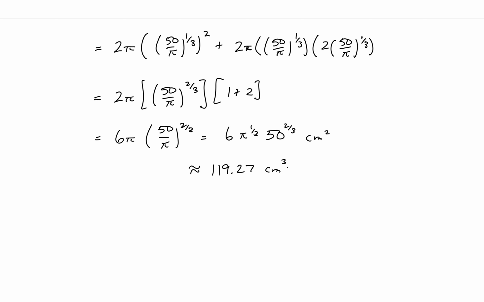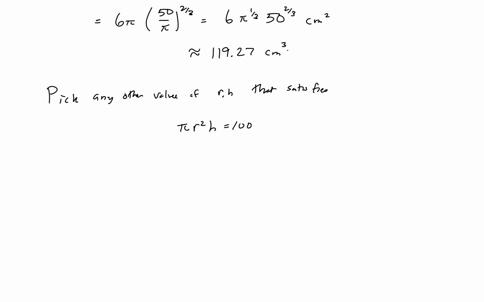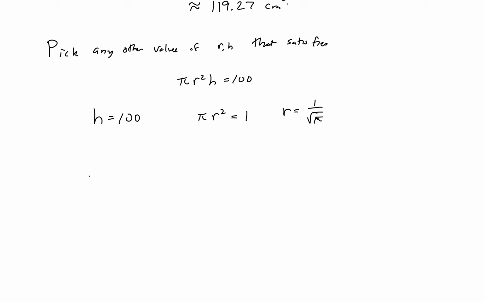Now, one last thing we have to do here is check that this is actually a minimum and not a maximum. So let's just pick any other value. One value that would work for this would be if I take h equals 100, then my equation would be pi r squared equals 1. So r we could take to be 1 over square root of pi. And so let's just evaluate f at this point.